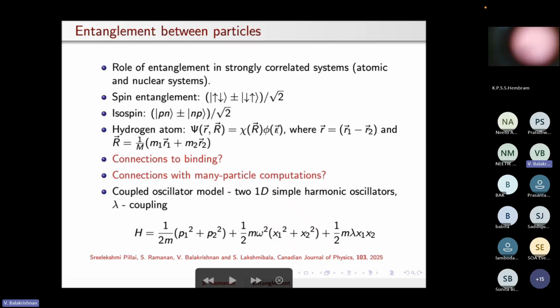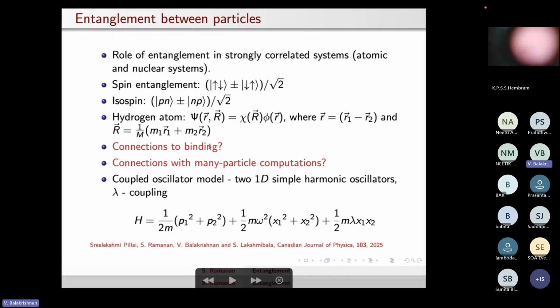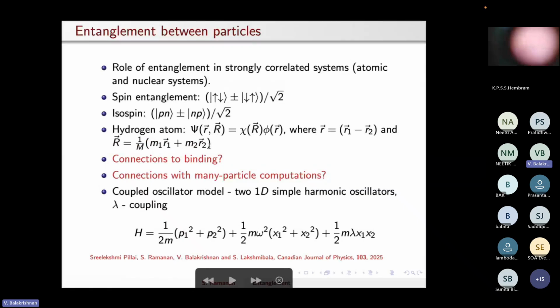For example, if I integrate out the proton, how does one understand electron entanglement? Because these are all continuous variable systems, the Hilbert space is infinite dimensional, and for the moment I'm going to forget about spin. I'm only going to look at space entanglement between particle 1 and particle 2.